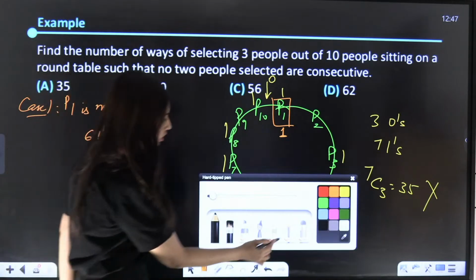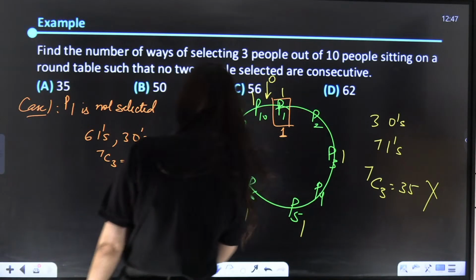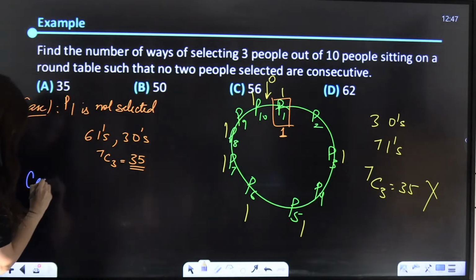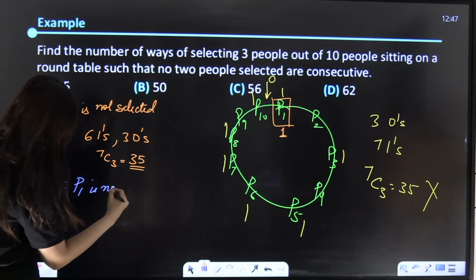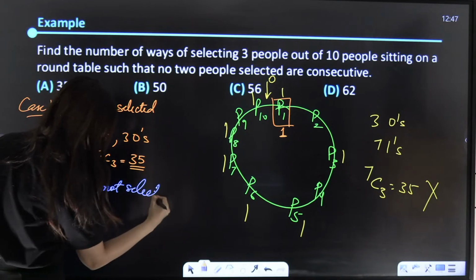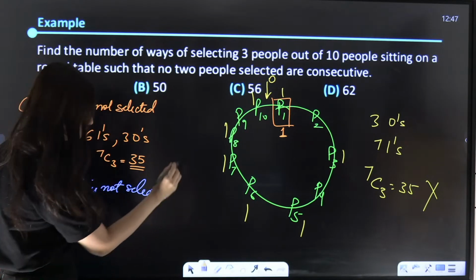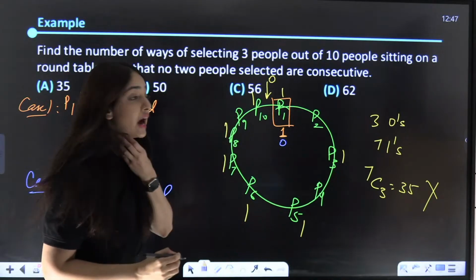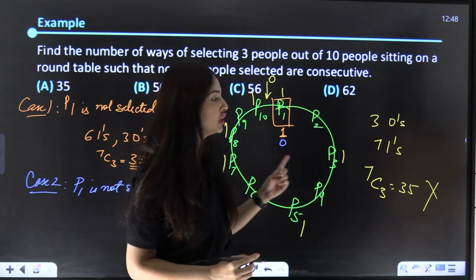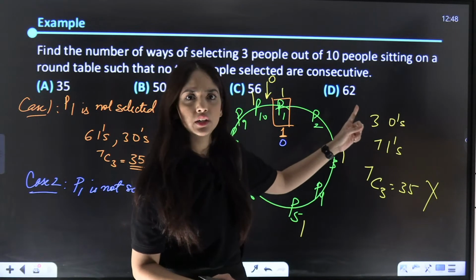Now let's take a look at case 2. When P1 is not selected, that is, P1 gets a 0. Now it's not the same as arranging 7 ones and 2 zeros.